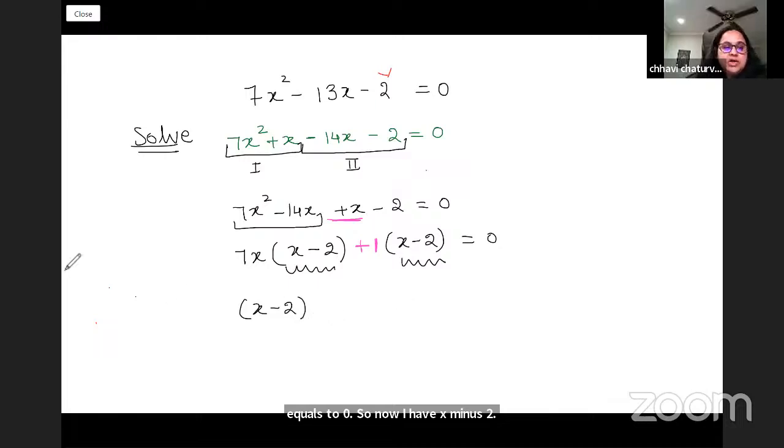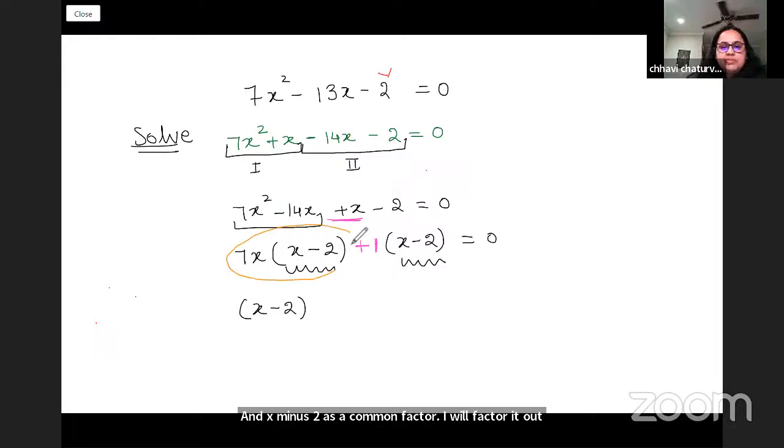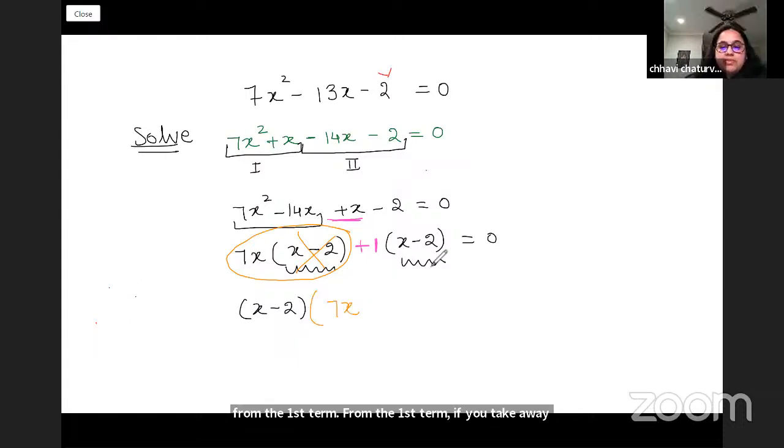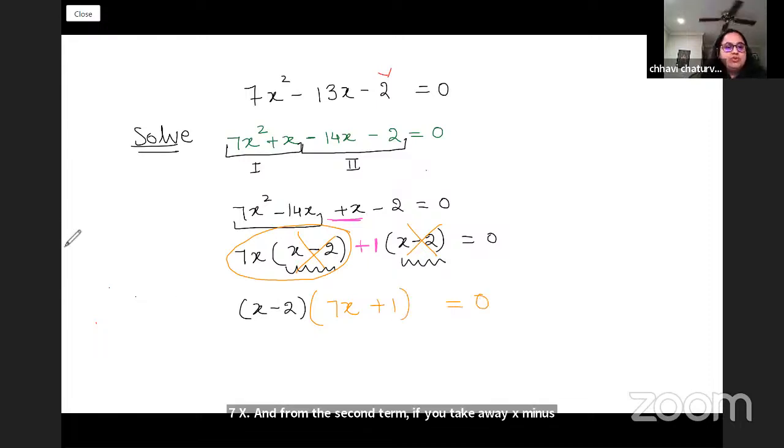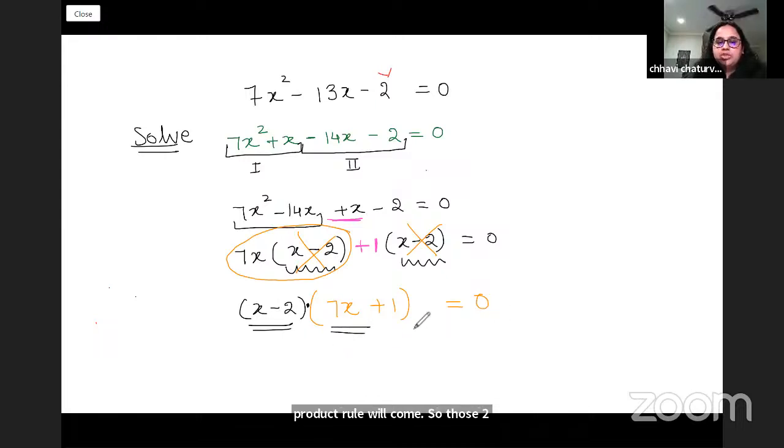I will factor it out from the first term. From the first term, if you take away x minus 2, what is left? 7x. And from the second term, if you take away x minus 2, you are just left with 1. So now you have 2 factors. This is where your zero product rule will come. Those 2 factors, when you multiply them, equal 0, right? When can something be 0?